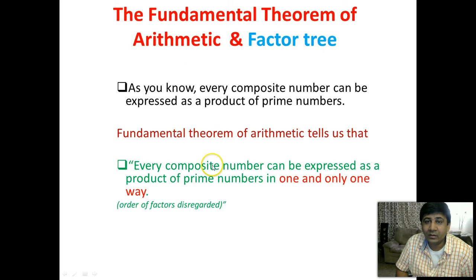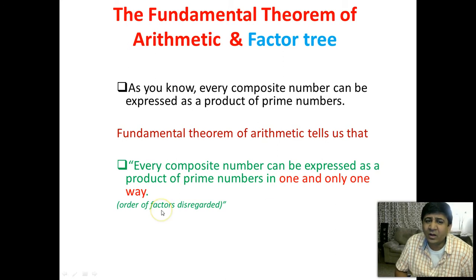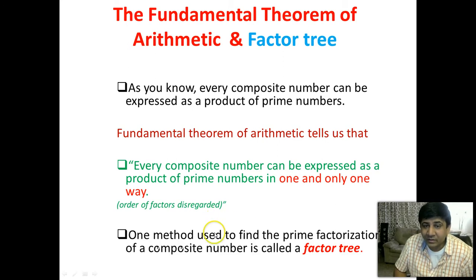There's a theorem called the fundamental theorem of arithmetic, which guarantees that every composite number can be expressed as a product of prime numbers in one and only one way. You don't have to worry about the order of the factors. One method we use to find prime factorization is the factor tree. I'm going to explain that in a minute.